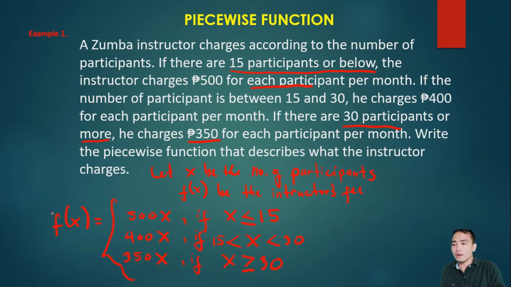This is already our answer, because we were asked to write the piecewise function that describes what the instructor charges. So, meron tayong tatlong condition dito. And then, ito yung ating babayaran per head. Babayaran ng mga participant per head per month.